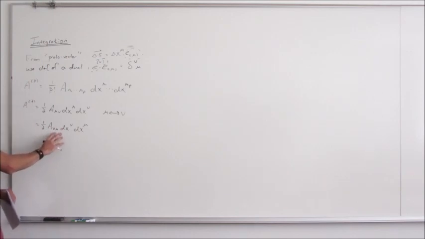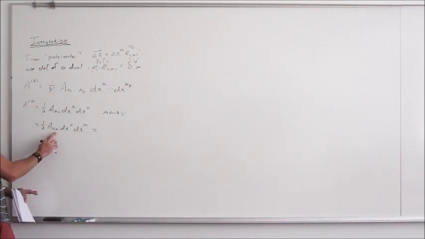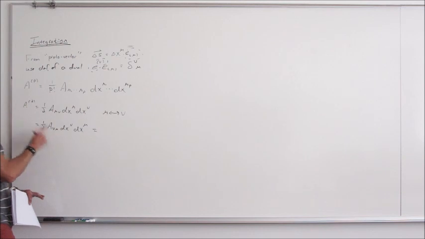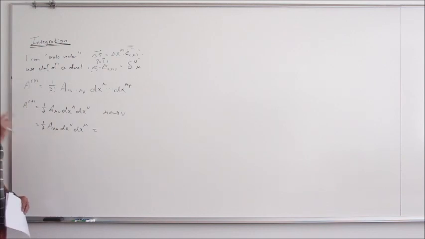So this is just a relabeling. However, I can relate the components of this to this by interchanging these indices. Now that's not a relabeling. That's an interchanging of indices. But what happens if I flip these indices on the components of a form? Yeah, you get a minus sign. Remember, forms are anti-symmetric if you swap indices.